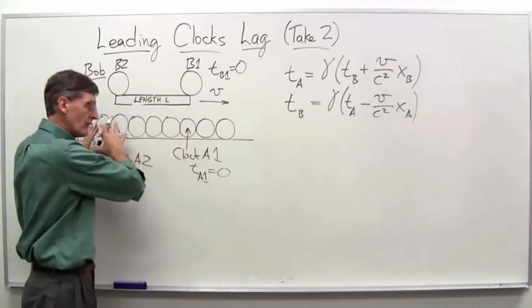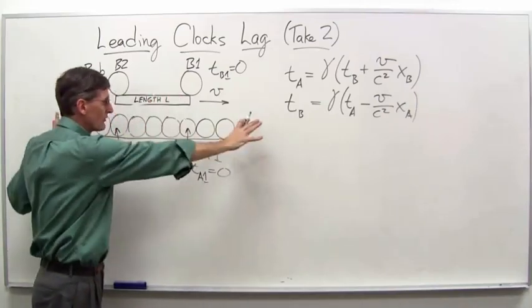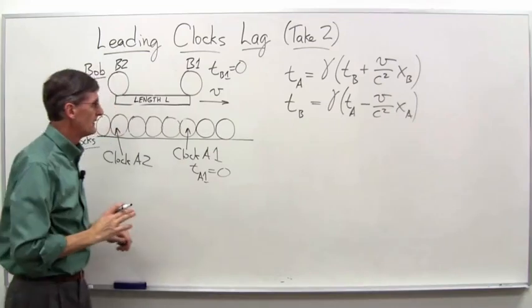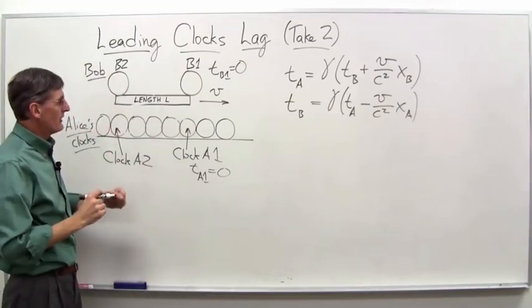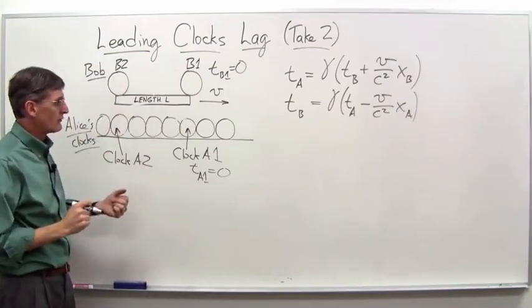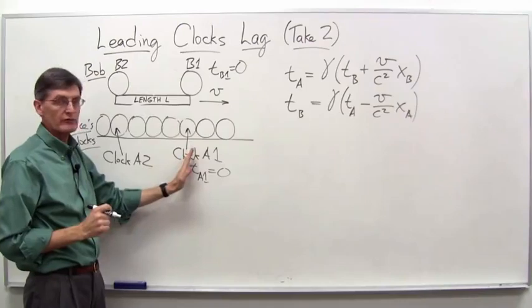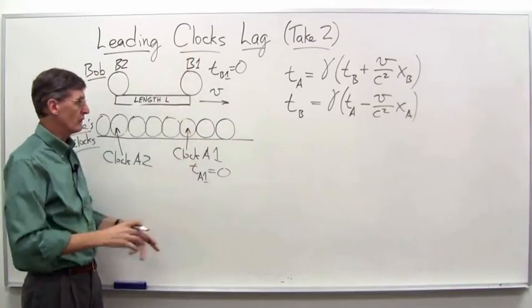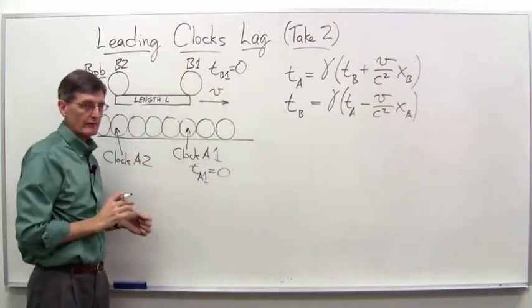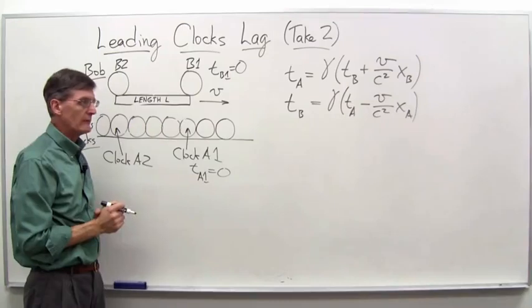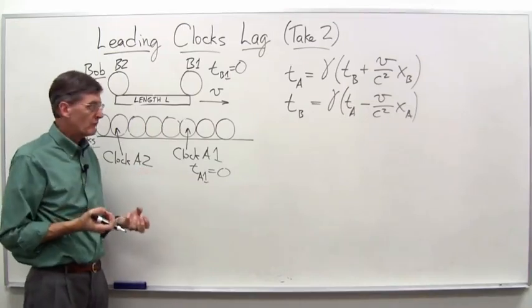Remember that as far as Alice is concerned, all her clocks are synchronized, and all Bob's clocks are synchronized as far as he is concerned. We'll also assume that this is our 0 point, that XA equals 0 and XB equals 0, right at that instant as Bob passes by Alice, and the two clocks B1 and A1 line up.